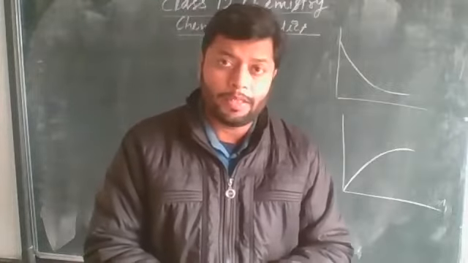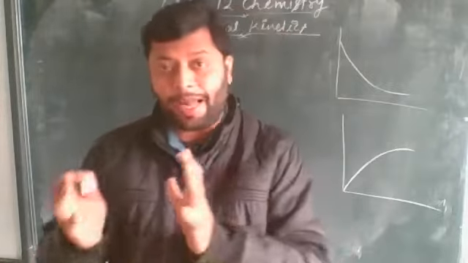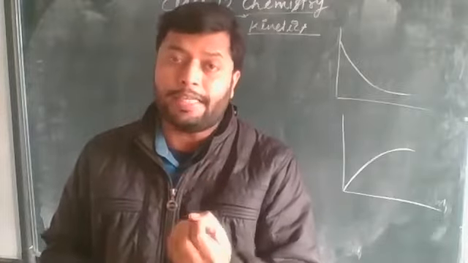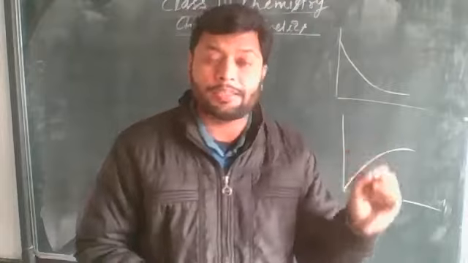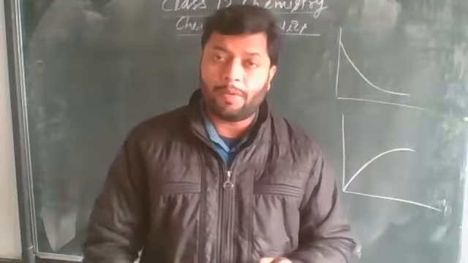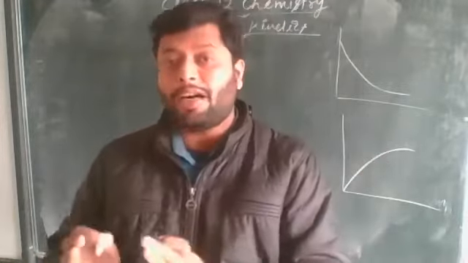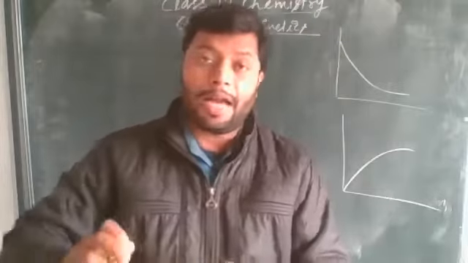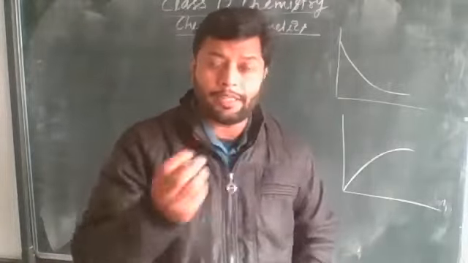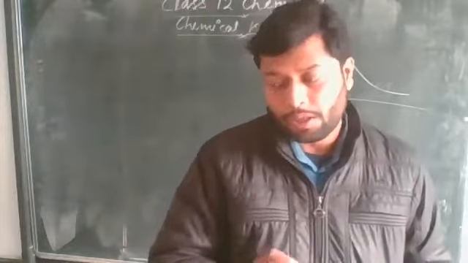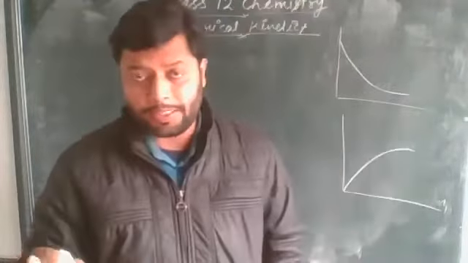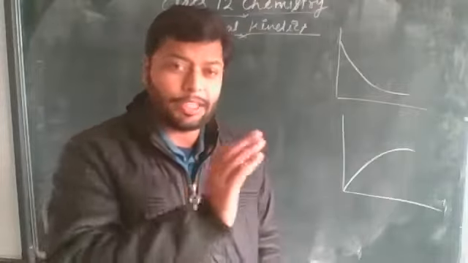At the same time, the dependence of the rate of reaction on the concentration of reactants will come in the category of order of reaction, and the idea of how we can get the experimental value of the order of reaction. Before going to that point, let us study first.